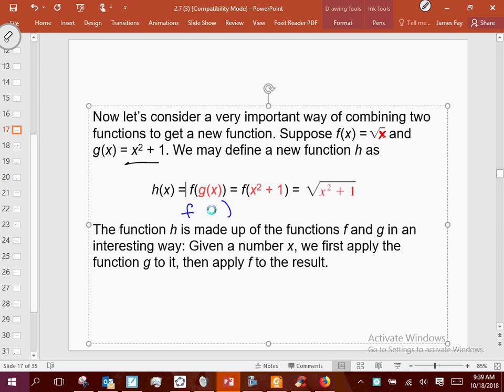So g of 2 is 5. So I replace that. Now this says find f of 5. If I go f and plug in 5, what do I get? Radical 5, right? Is that the same thing I get if I do it with the algebraic rule? If I go f of g of 2, plug 2 in there, you get 4 plus 1, right? Is that 5? You get root 5.